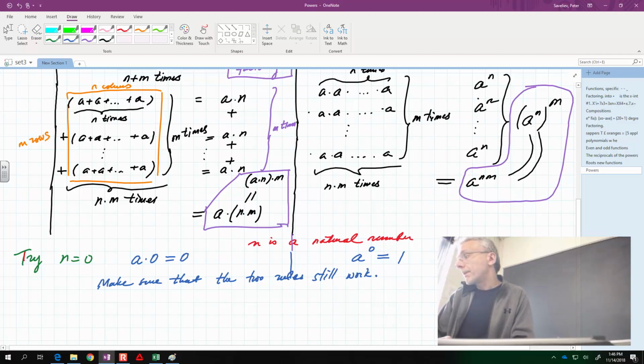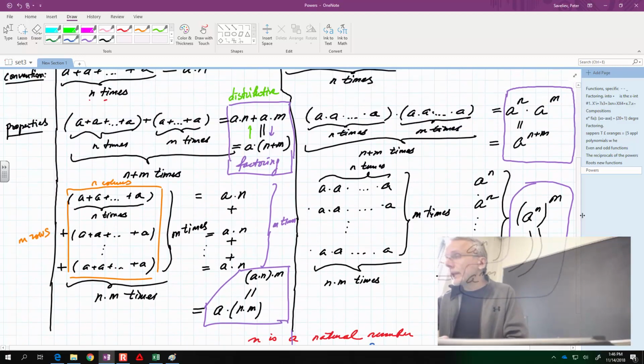These two rules that we just looked at, let me call them 1 and 2. So repeated addition as well as repeated multiplication produces these two rules.